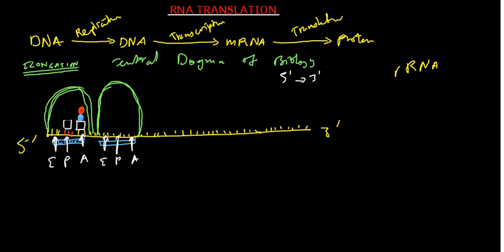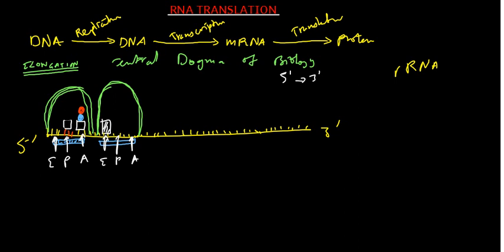So what was in the P site? The tRNA which was in the P site is going to go into the E site, because it has moved 3 nucleotides away. So the first one is here, the second one is here, the third one is here. Those are the 3 nucleotides.